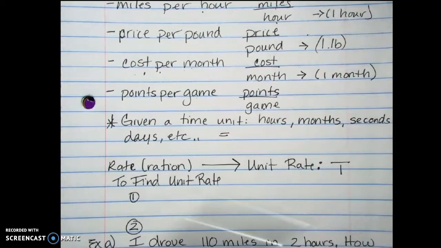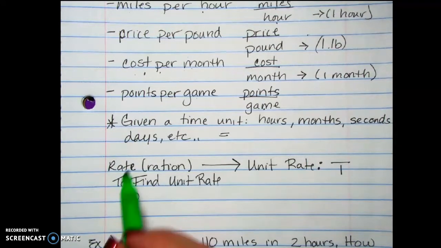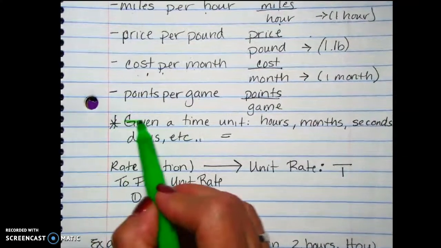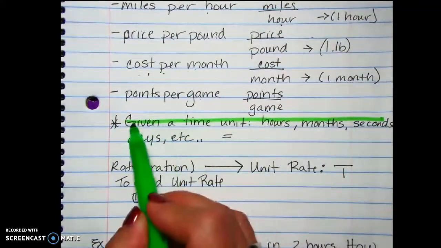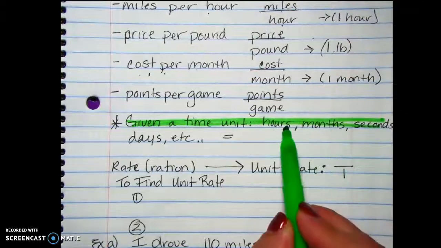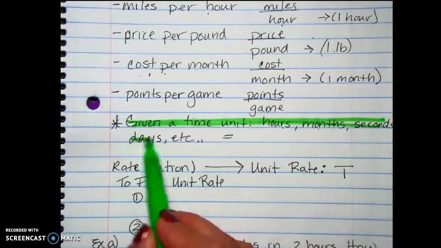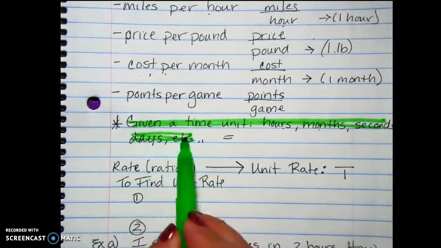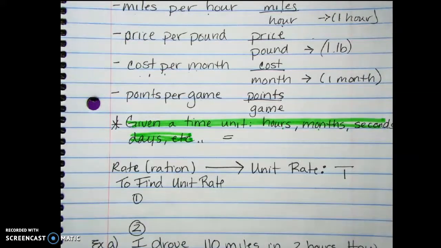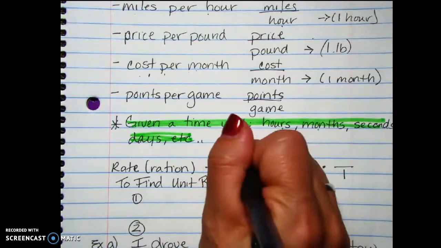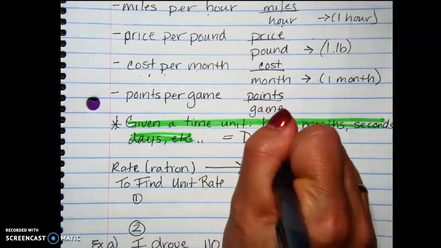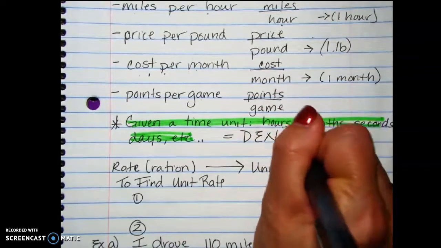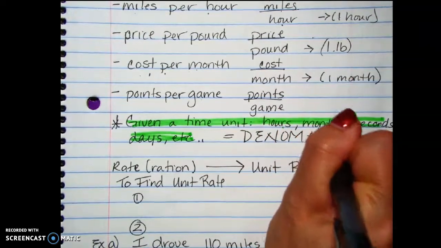Now, something that's super important, and I'm going to double highlight, is that if you're given a time unit, hours, months, seconds, days, etc. We know there's more, such as weeks or years even. So if we are given a time unit, we have to make sure that it goes in the denominator.